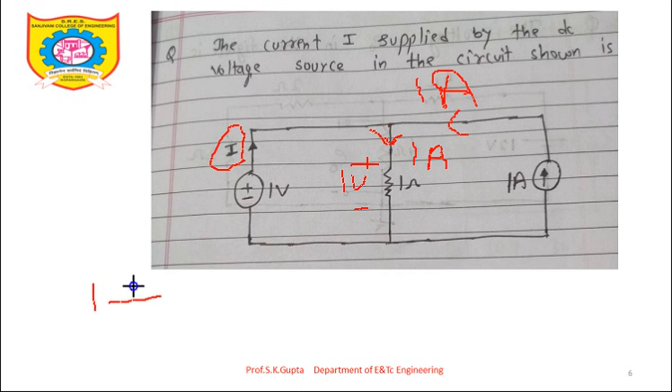So I plus 1 equals the outgoing current, which is 1 ampere. So I equals 0. So the current supplied by the voltage source is 0 ampere.